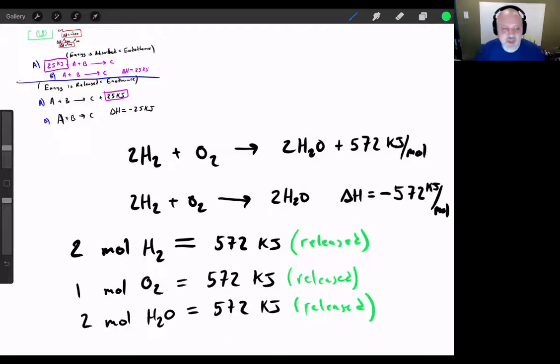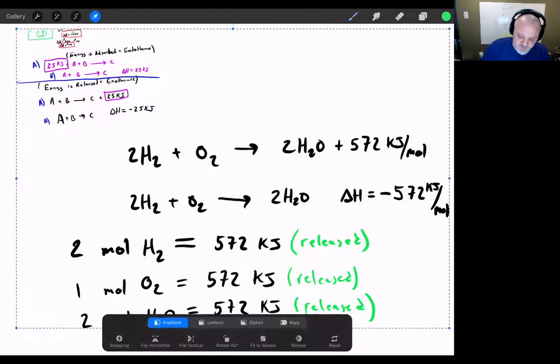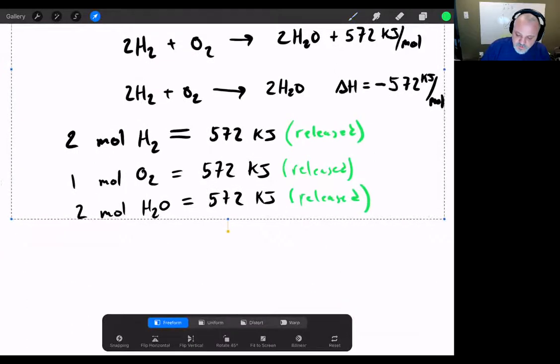So the reason why I added the per mole was to then associate it with the stoichiometry in the reaction. And we're going to use it in a chemical equation, right? I'm going to do it this way.